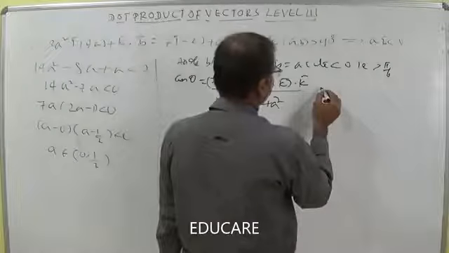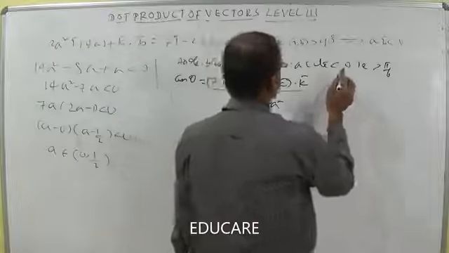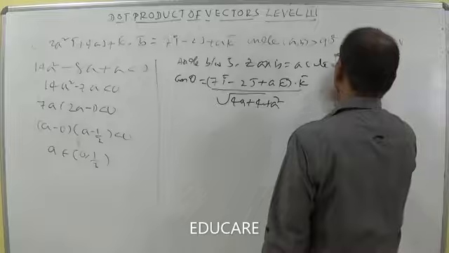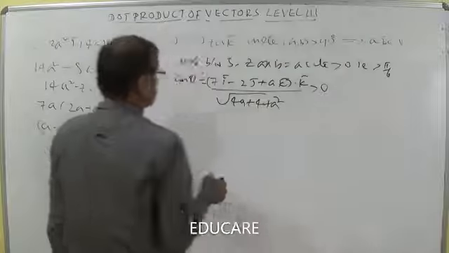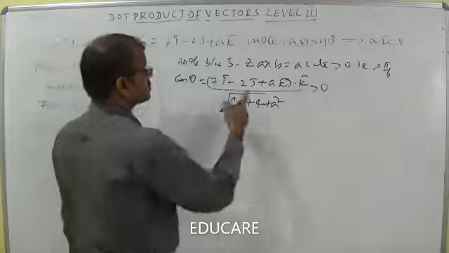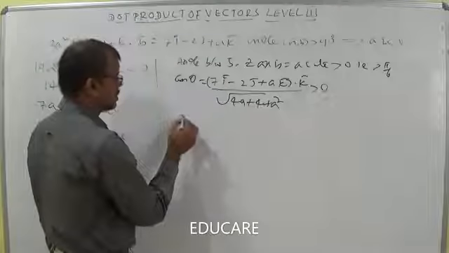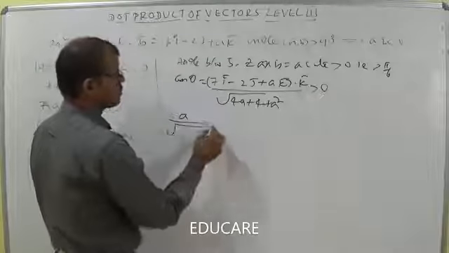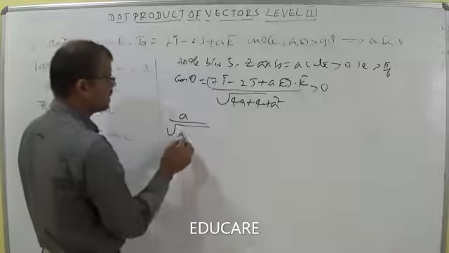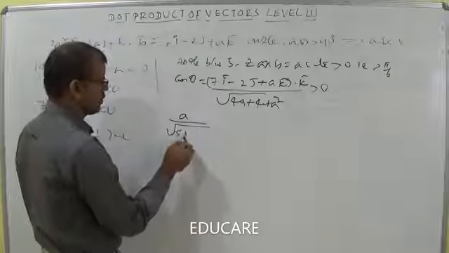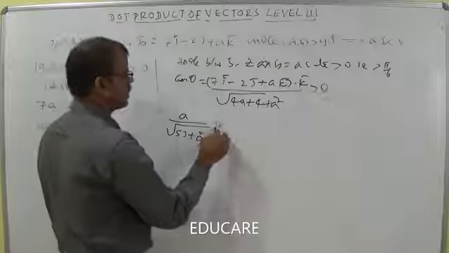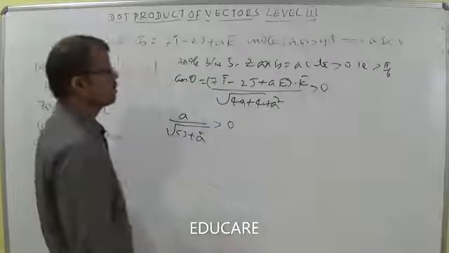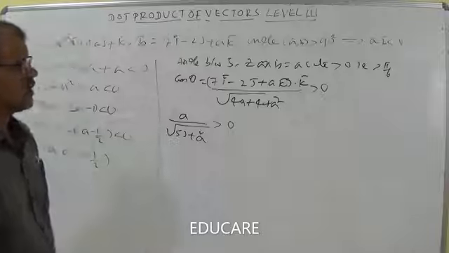Since the angle is acute, this is greater than 0. The z axis is taken as positive. So a by root of 53 plus a square greater than 0, and also the angle greater than pi by 6.